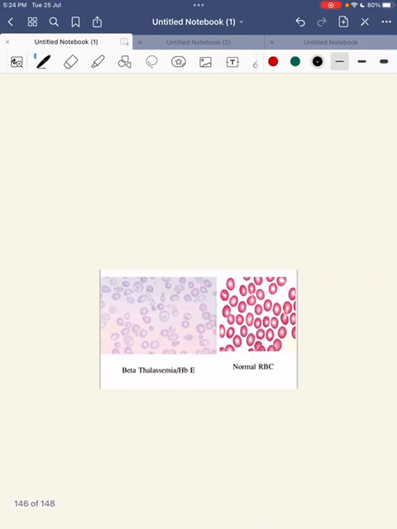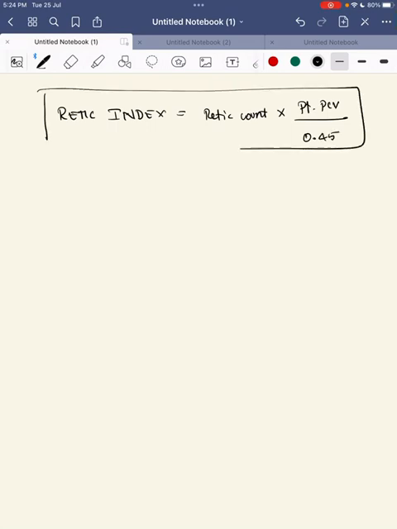How will you do the correction? I'll tell you the formula here. For retic index, the formula is retic count times the patient's hematocrit value divided by 0.45. This is the formula to find the retic index.